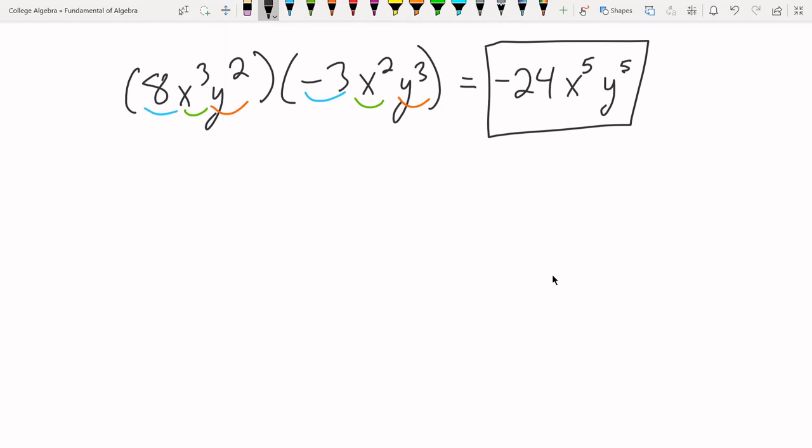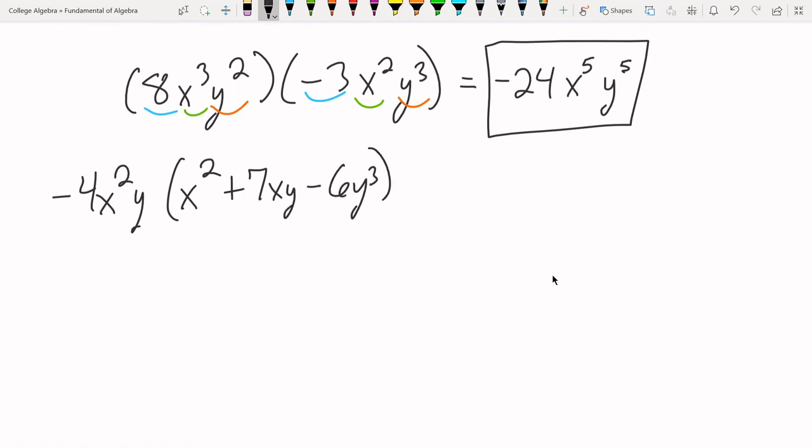Now, when you do anything besides monomial times monomial, that's where distribution really plays a key part. So for instance, 4xy is a monomial. We're multiplying this into a trinomial of that.